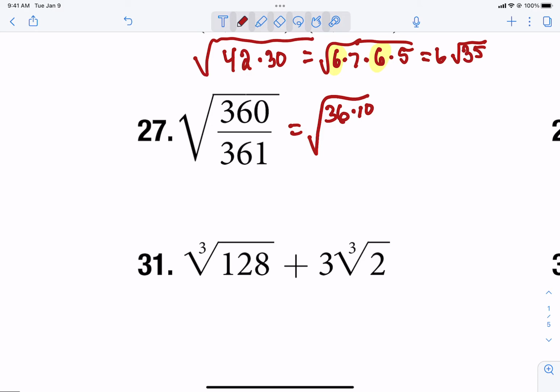A little trick you can do is add up the digits: 3 plus 6 is 9, plus 1 is 10. If the digits add up to a number that's divisible by 3, the whole thing is divisible by 3, so it's not divisible by 3. It's not even, so it's not divisible by 2. Does anything go into 361? I think it might be prime, but let me check for you real quick.